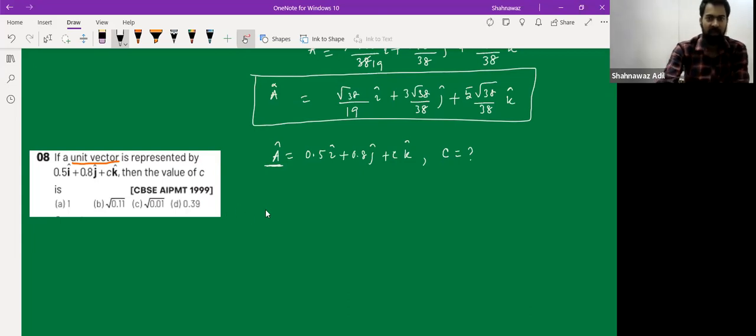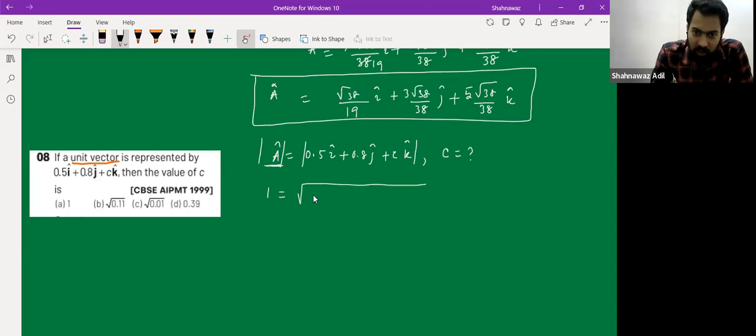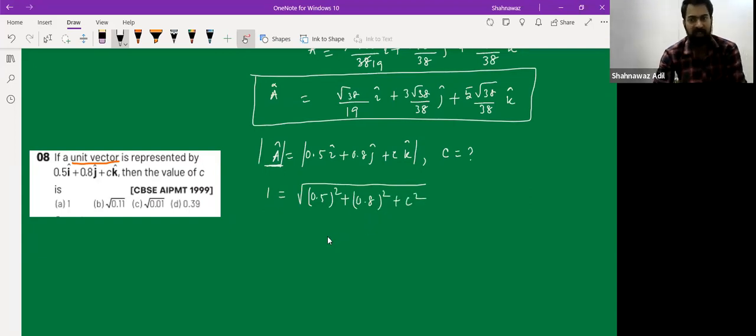If we calculate the magnitude on both sides, this is 1, and this would be root of 0.5 square plus 0.8 square plus c square, right? Am I correct?